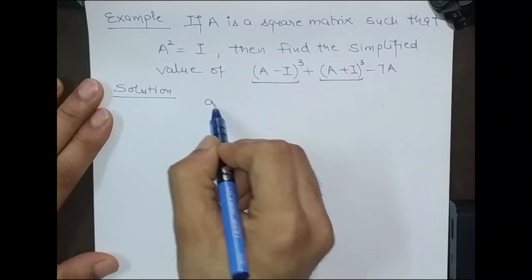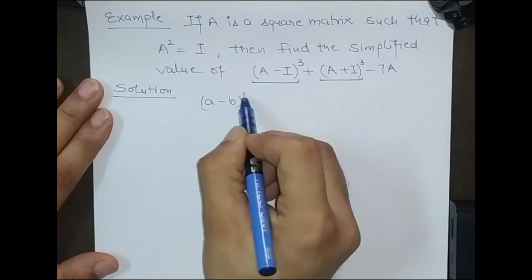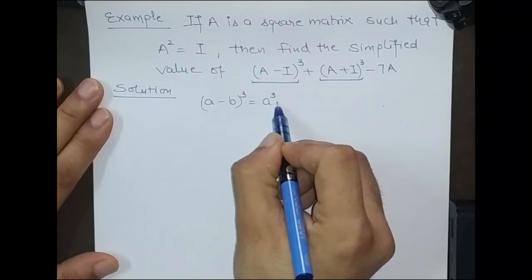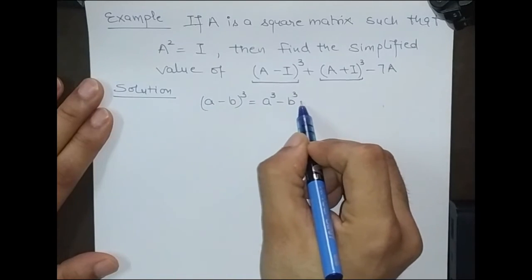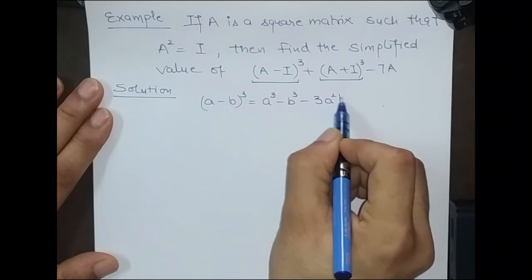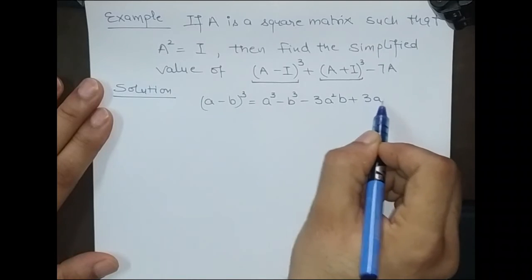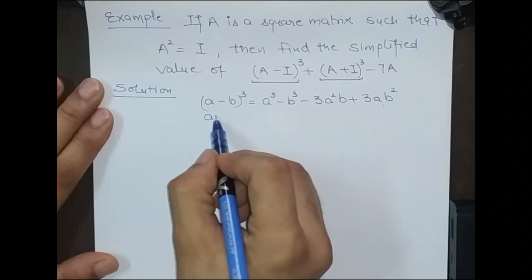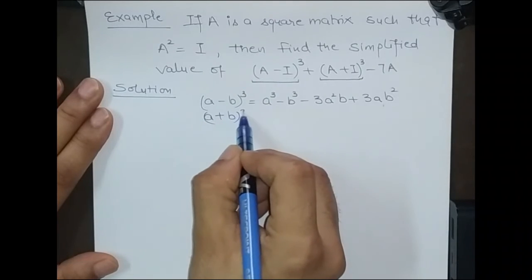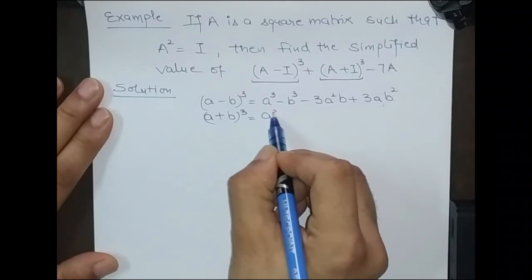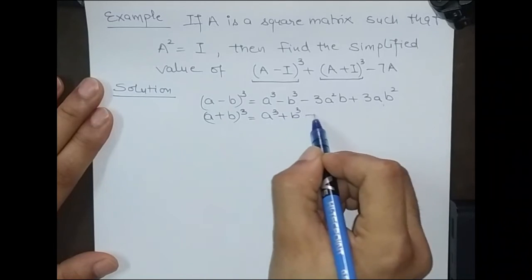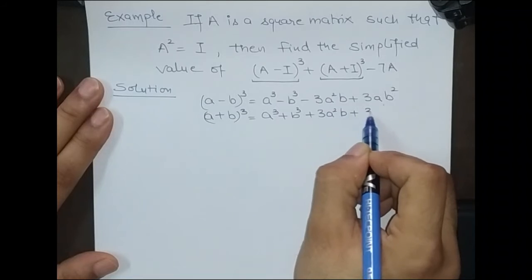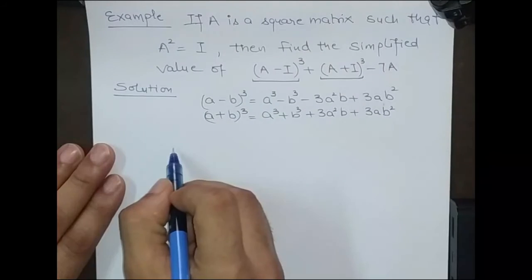One is (A minus B) whole cube is equal to A cube minus B cube minus 3A square B plus 3AB square. The other one is (A plus B) whole cube is A cube plus B cube plus 3A square B plus 3AB square.